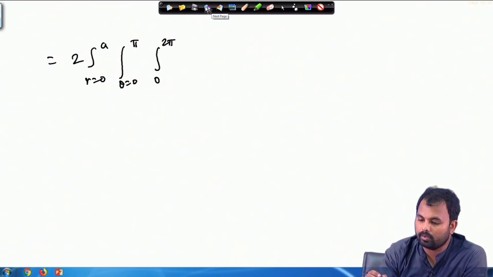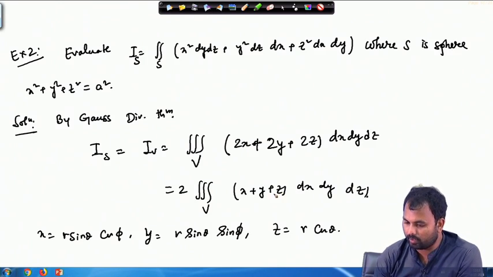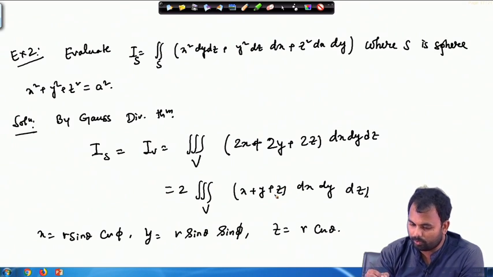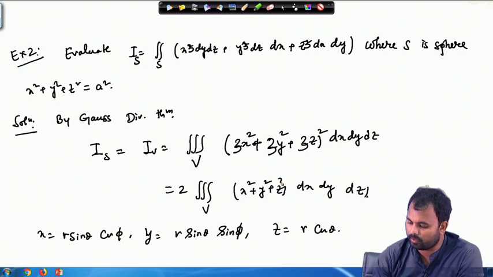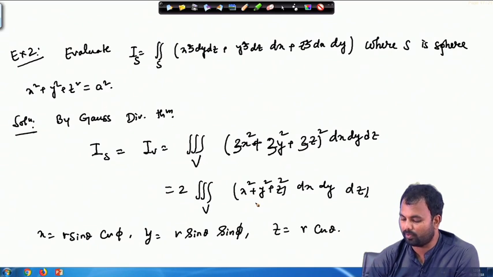This thing will reduce to r sin theta cos theta, or we can modify this example a little bit, just to make things a little bit easier. So, this will be 3 times x square, y square, z square. In that case we will have r square sin square theta times cos square phi plus sin square phi. So, ultimately it will reduce to a very nice simple formula.